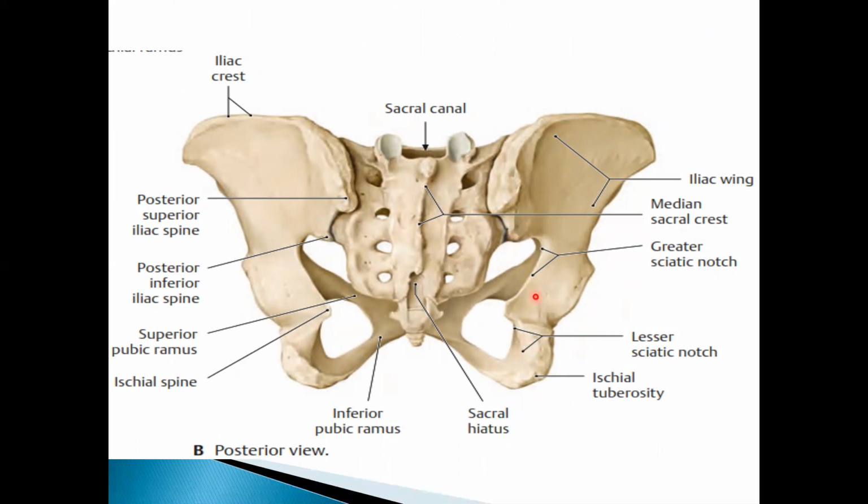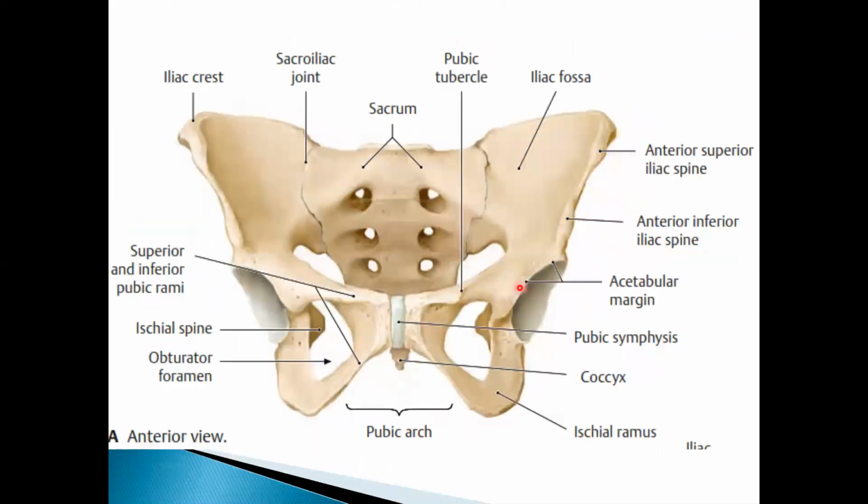In the standing position, through this hip joint, the body weight is transmitted to the femur, from femur to the tibia, from tibia to the talus and calcaneus, and to the ground. In the sitting position, the weight is transmitted through the ischial tuberosity.